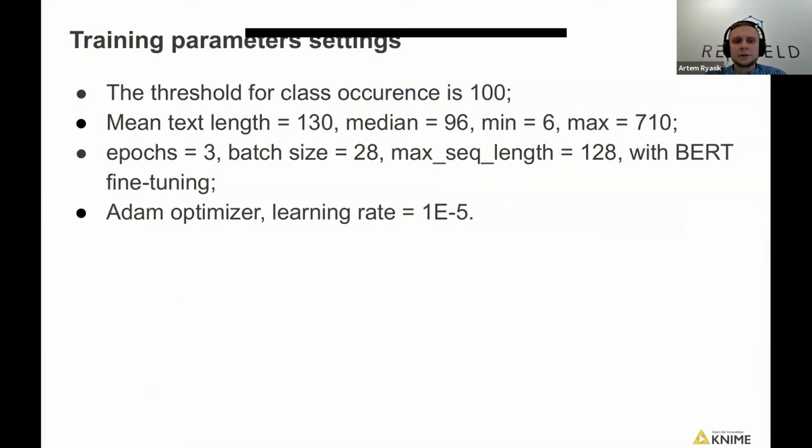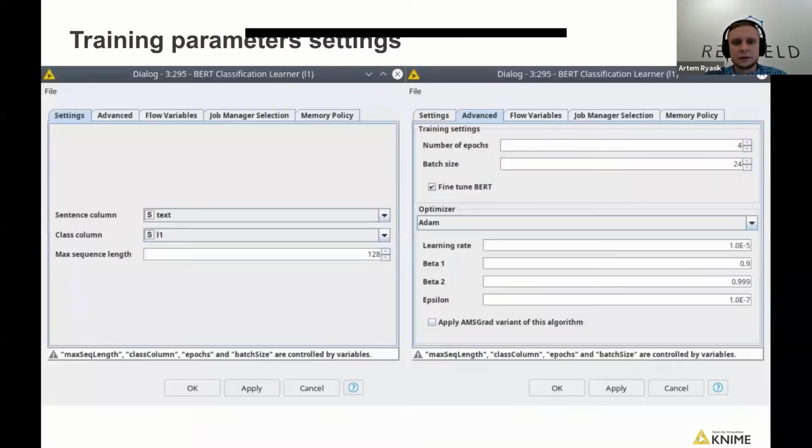Training parameters I will show during the live demo. So, the BERT classification learner. Once you have got your data and your model, I mean the BERT model, you can go to the next step, the classification learner, and these are the settings of this node.